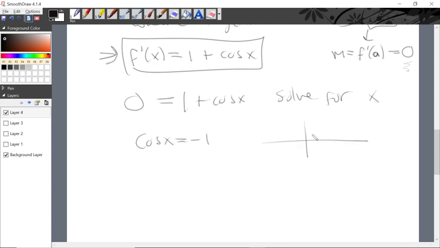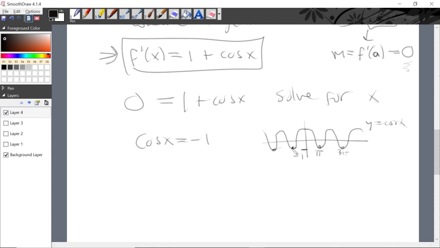Okay. Where is cosine x equal to negative 1? For instance, we can look at a graph of the cosine function, y equals cosine x. It's equal to negative 1 at many points, an infinite amount of points. So cosine is equal to negative 1 at values like pi. And then this would be 2 pi, and then this would be 3 pi.